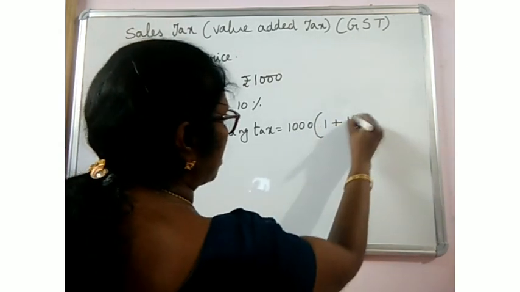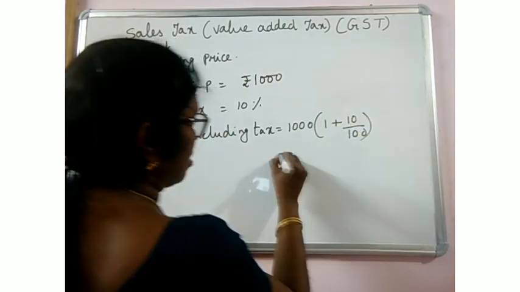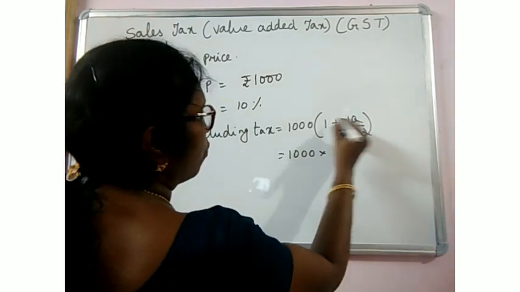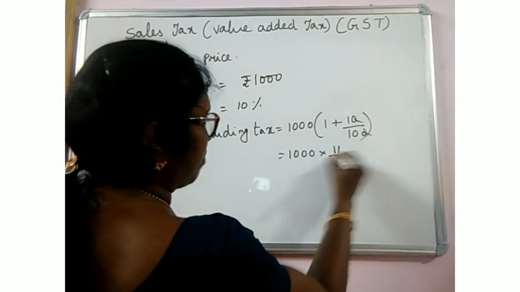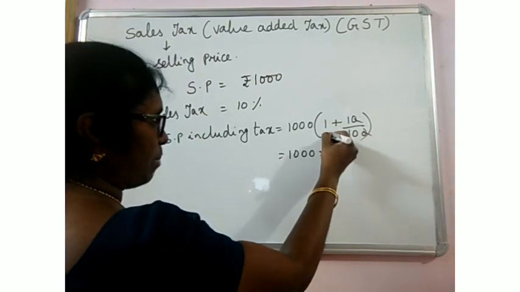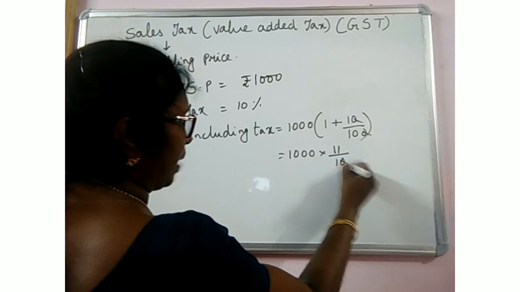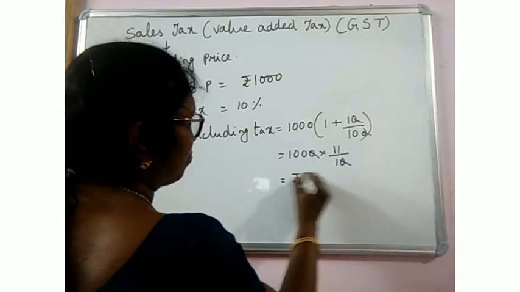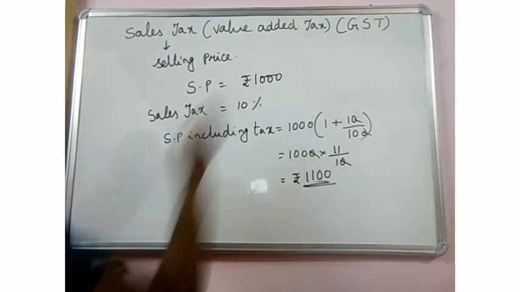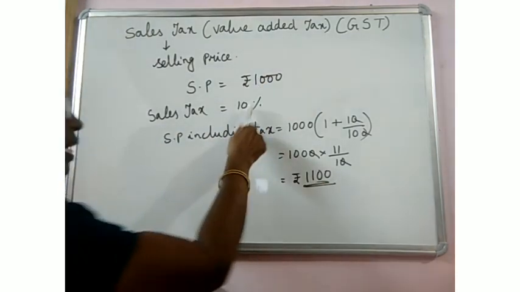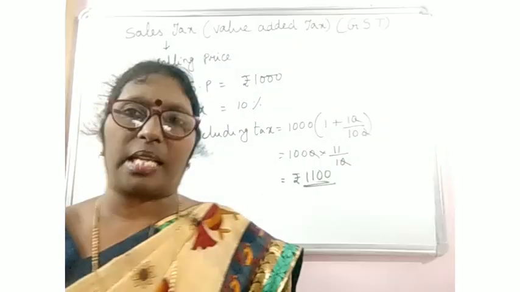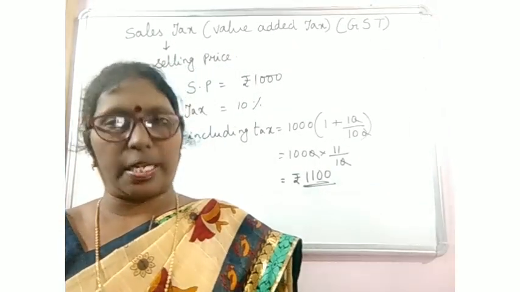We can write it like this: 1000 into 1 plus 1 by 10, that means 11 by 10. Here the denominator is 10, so for 1 we take 10 by 10, so 10 plus 1 is 11 by 10. Then it will be 1100 rupees. The actual selling price is 1000. If sales tax is 10%, the selling price including tax is 1100 rupees.